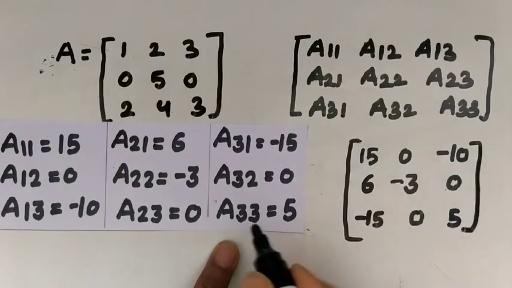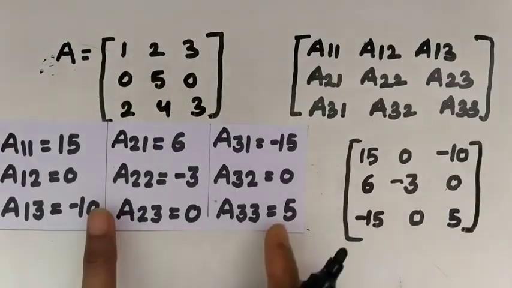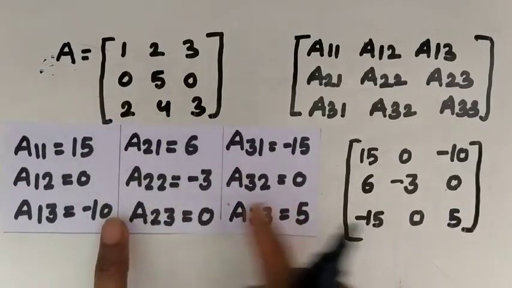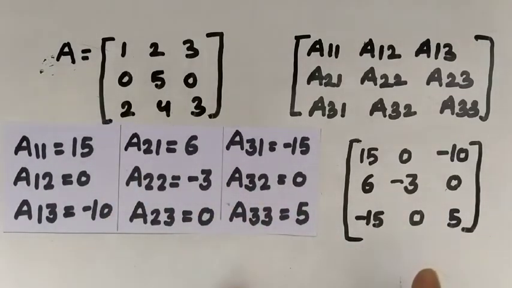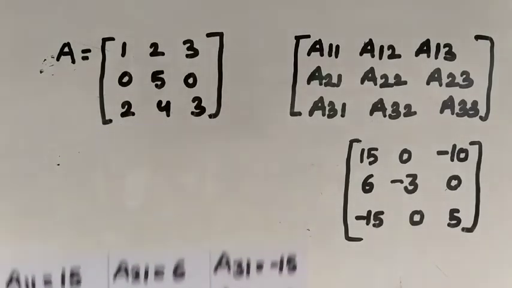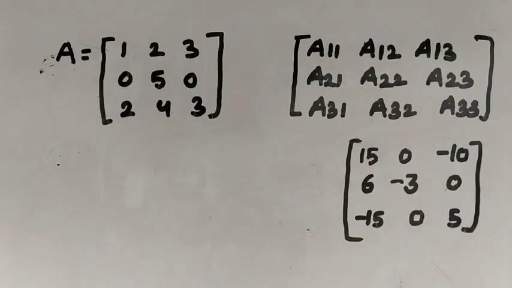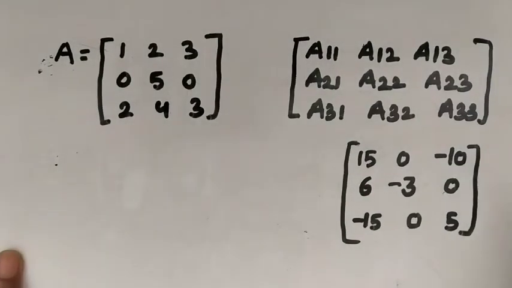Students, I have determined, but you have to find all cofactors. After that you will substitute at their respective positions. Now what is our next step? Now we will take transpose.